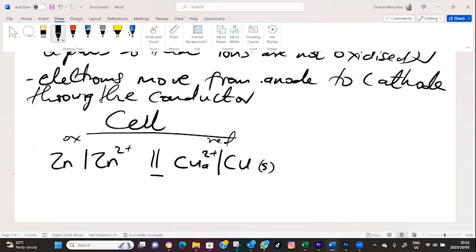We must always write the phases or the states, okay, that's what happens in the cell notation.